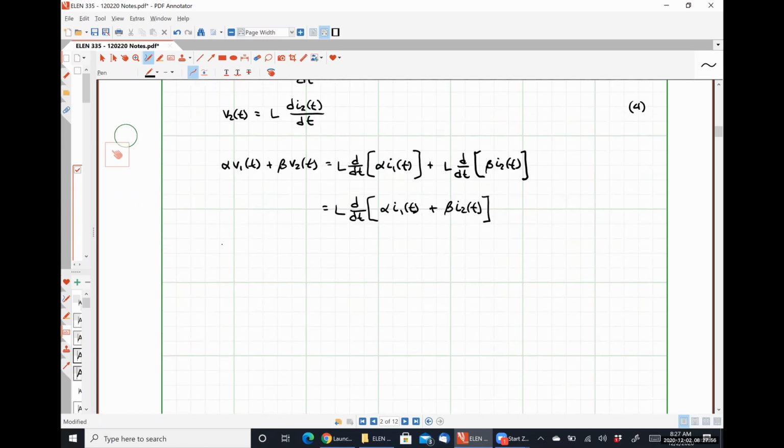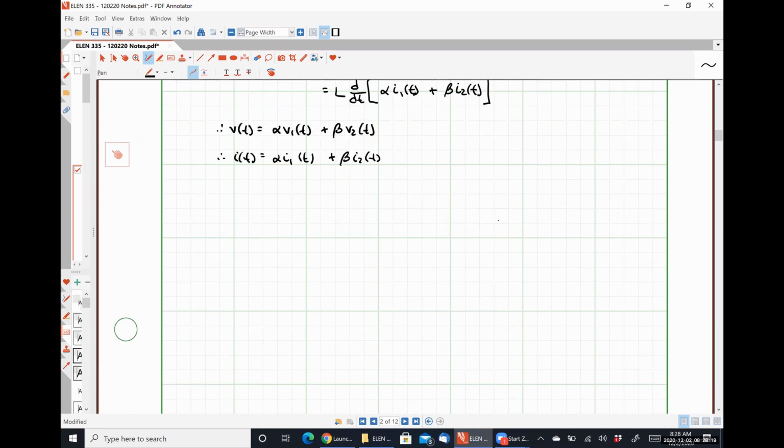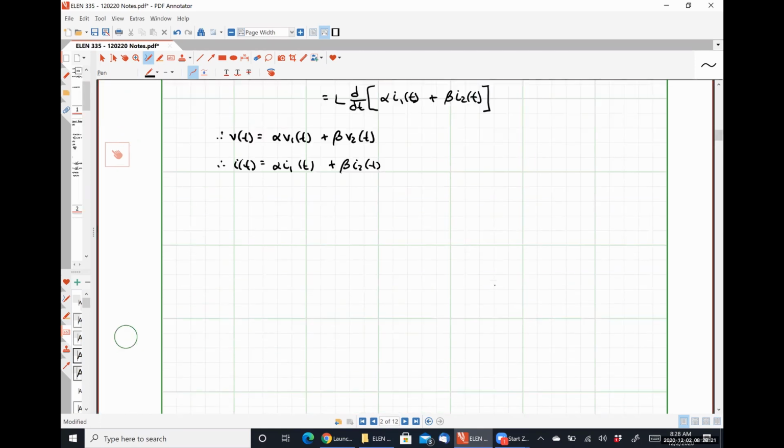Under the condition v of t is equal to alpha v1 plus beta v2, our total input is alpha I1 plus beta I2. All right, I think I've got enough room for capacitors here.